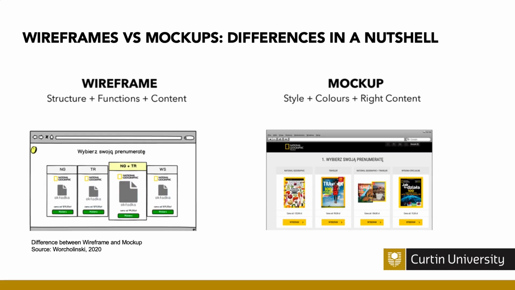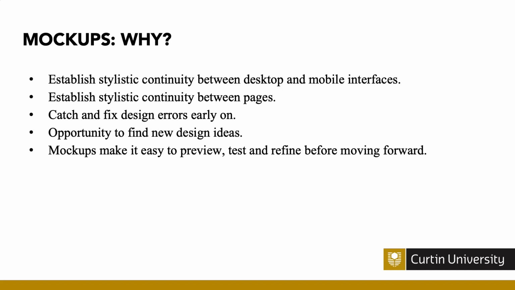So some key differentiators between mockups and wireframes: as you can see on the left, a wireframe shows the structure, the functions, and the content, right? On the right, you can see the same design, but showing a visual mockup, which has a true representation of the styles, the colors, and the actual correct content that's going in. So that's the key difference that's important to distinguish between the mockup and the wireframe.